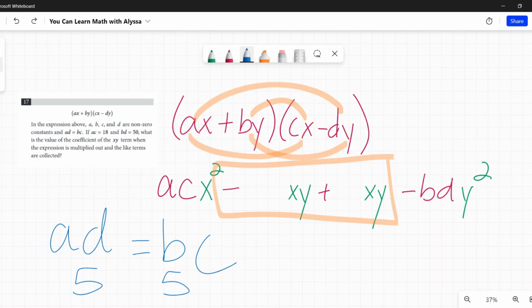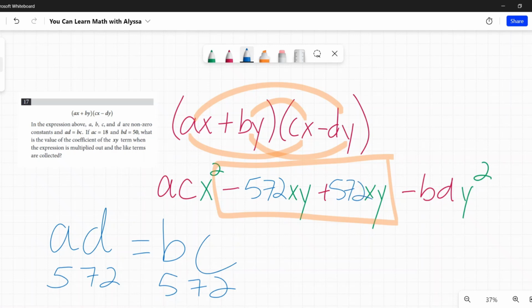Any non-zero constant you put in here is going to work. So let's say AD is 572. That means BC is 572. Well, we're placing AD here, so that's 572. We're placing BC here, so that's 572. Negative 572 plus 572 is 0. It's always going to be 0. That's it. It's gone in the middle. 0. That's our answer.